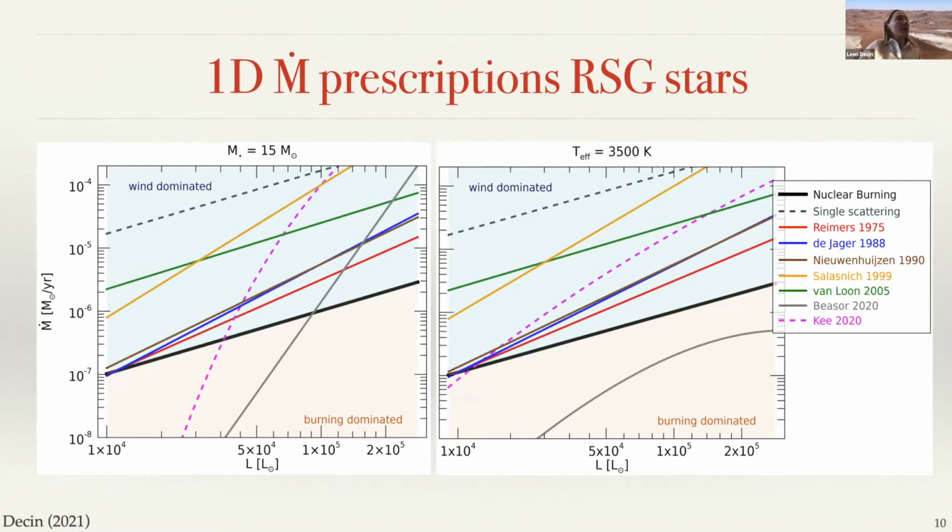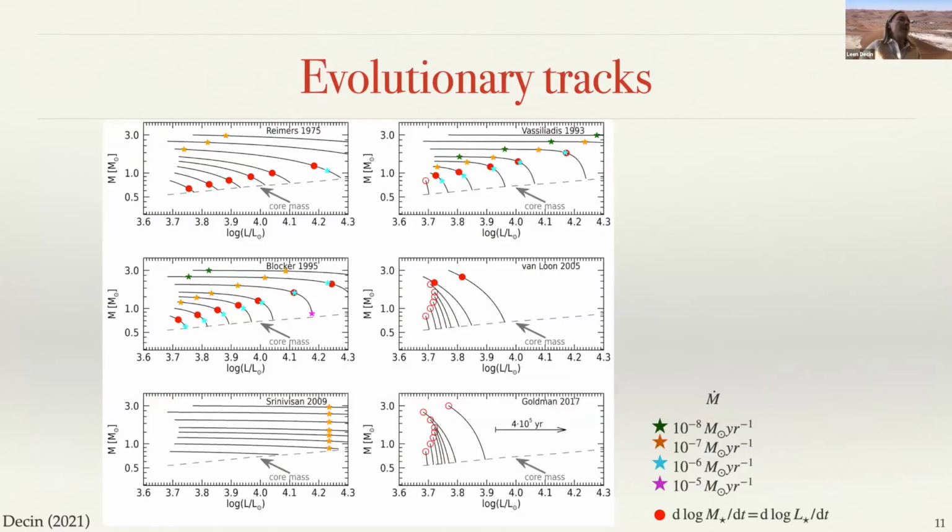If you don't know the mass loss rate, then you also know that any of your stellar evolution calculations might be highly diverging. Given some of the outcomes that I just showed you in the previous slides, these are the outcomes of the stellar evolution calculation.